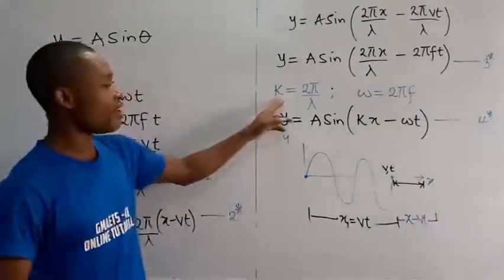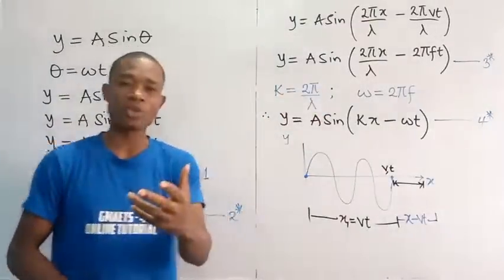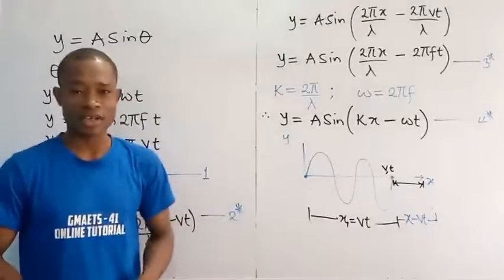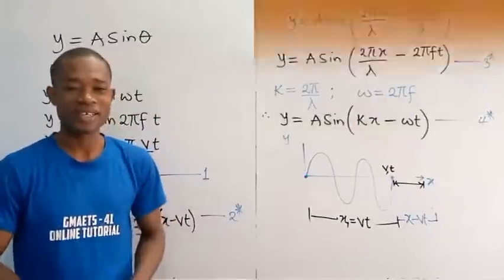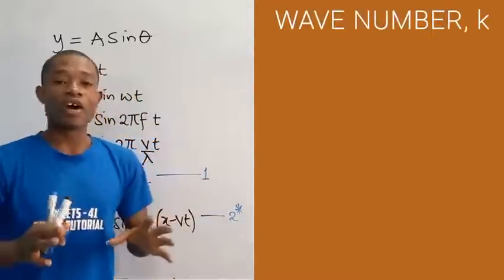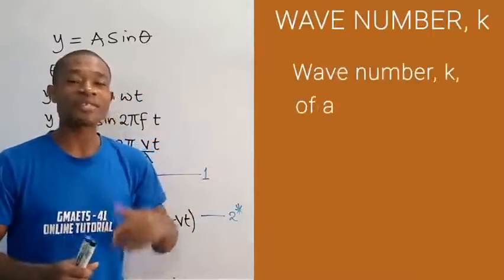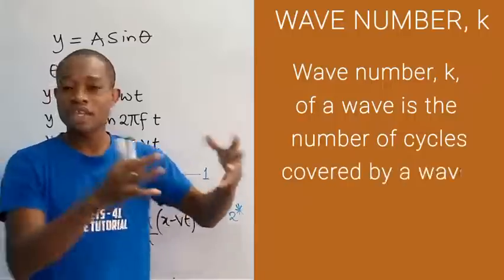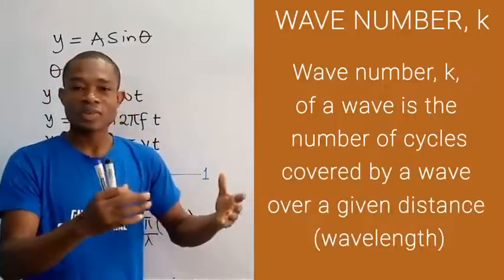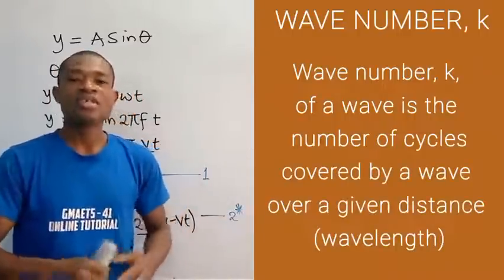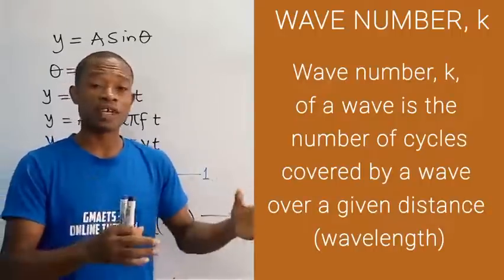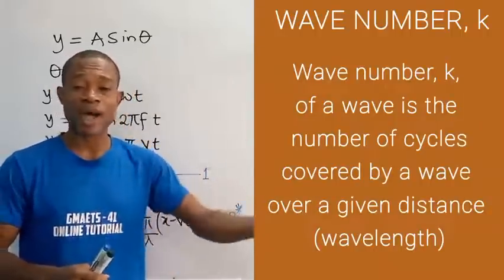Don't forget, this K, I refer to it as wave number. I think I'll have to quickly define it and tell you the formula, and the unit rather. The wave number of a wave is defined as the number of cycles covered per distance. The number of cycles covered per what? Distance traveled by the wave.